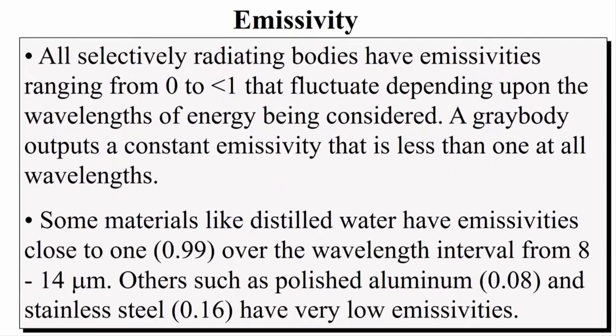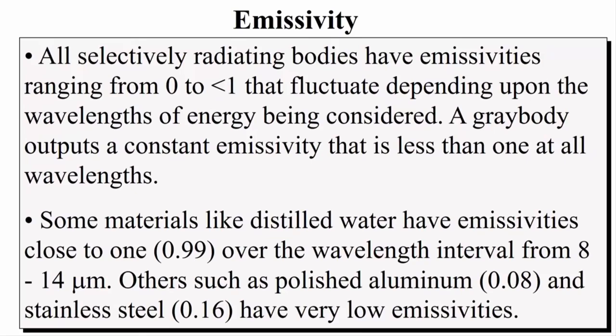Now, all selectively radiating bodies have emissivity ranging from 0 to 1. They will have emissivity greater than 0 and less than 1, and it fluctuates depending upon the wavelength of the energy being considered. A gray body has a constant emissivity that is less than 1 at all wavelengths.